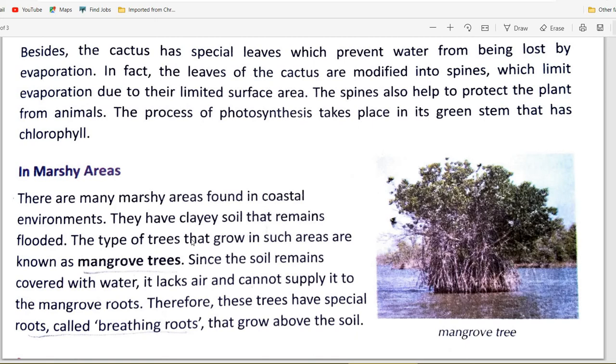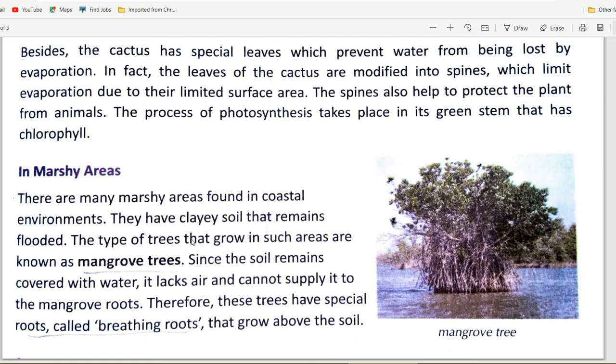So these roots are called breathing roots because these roots intake the air for the plants, means carbon dioxide, so that the marshy plants grow easily in their places.